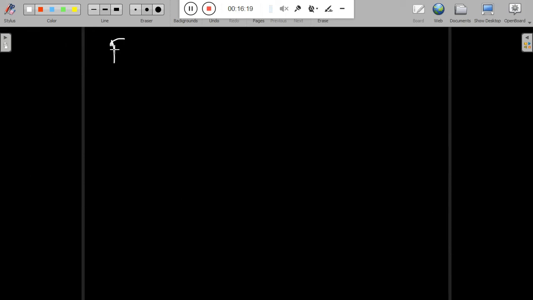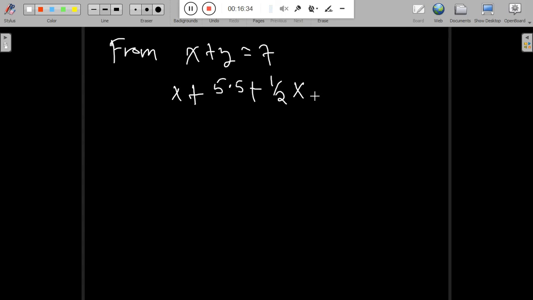Now from our budget constraint, that is x plus y is equal to 7, let us plug in the value of y. So it will be x plus the value of y, that is 5.5 plus a half x, which is equal to 7. Take out the like terms: x plus a half x is equal to 7 minus 5.5.